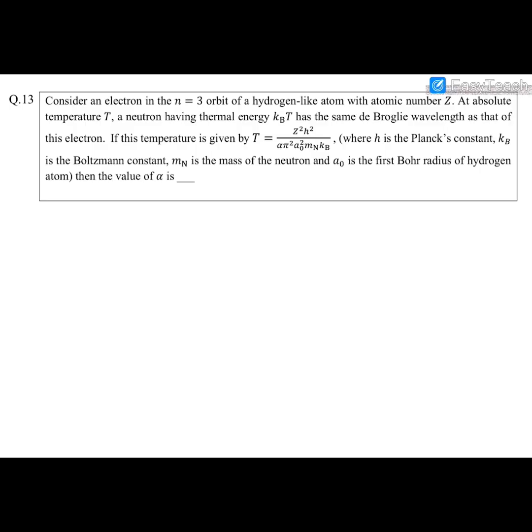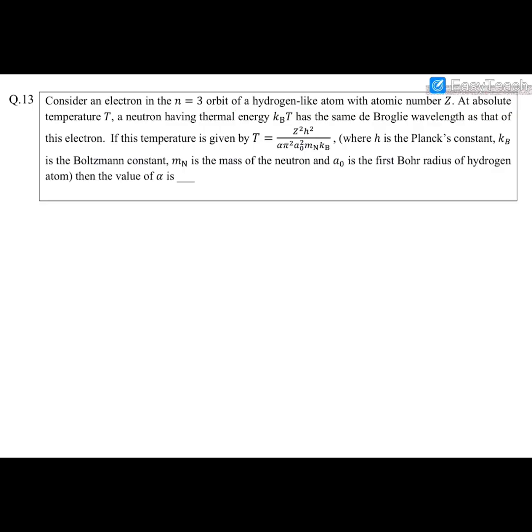In this question you can see that there is an electron which is revolving in a hydrogen-like atom around its nucleus in an orbit of n equal to 3.